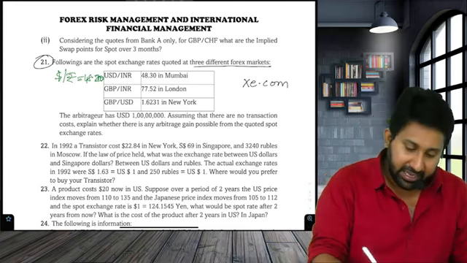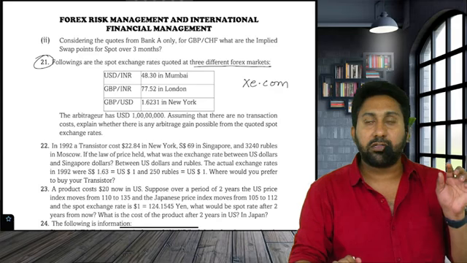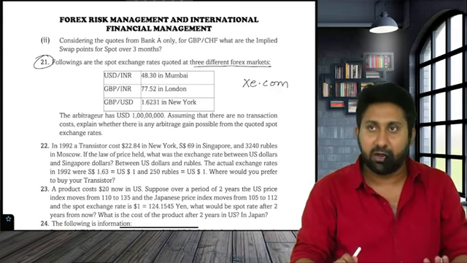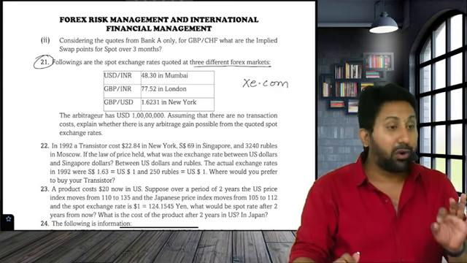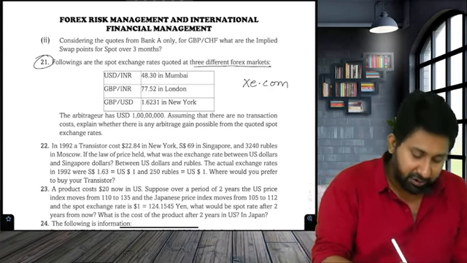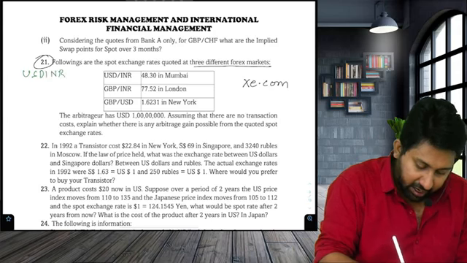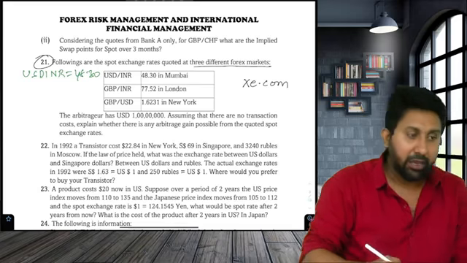Listen. In the real life scenario, the quotations we are seeing now are called quoted currencies. Quoted currencies means in the original scenario they will write like this: USD INR equal to 48.3.